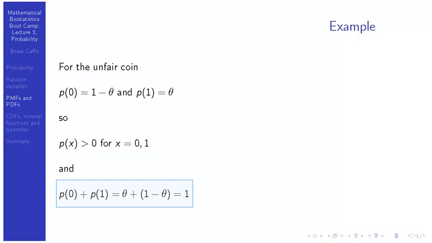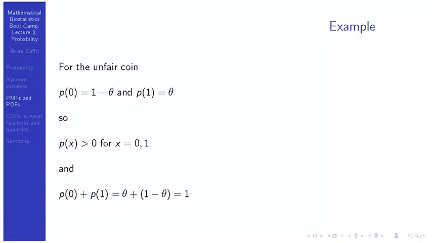And the sum of the probabilities, the probability of 0 plus the probability of 1, is theta plus 1 minus theta, which is 1. So it satisfies the two rules that probability mass functions have to satisfy. That covers our principal entity that we're going to use to model discrete random variables, probability mass functions.